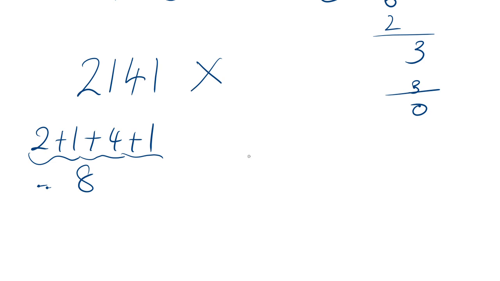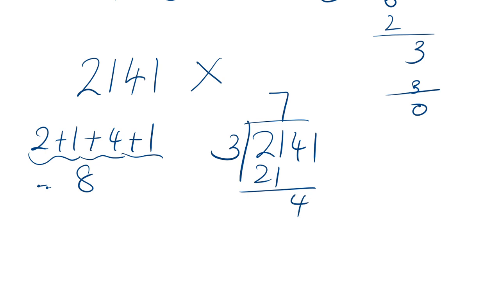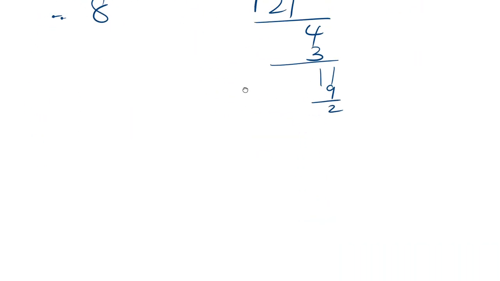So this number is not divisible by 3. We can check it: 2141 divided by 3. 7 times 3 is 21. Bring down the next digit 4. 1 times 3 is 3. 4 minus 3 is 1, 11. 3 times 3 is 9. So the remainder is 2. So that means this is not divisible by 3.